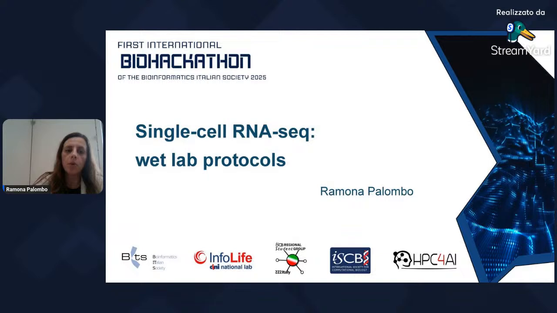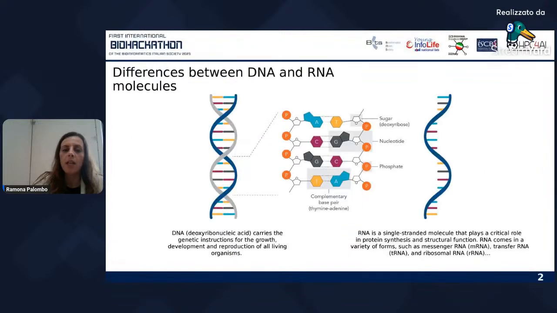And today we will take a general overview on the technique that we can use to extract RNA, but also to have a good sample for the RNA sequencing.